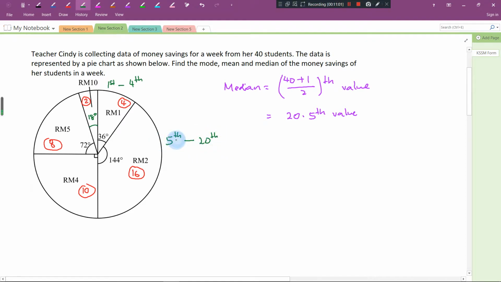If you want to save time, you don't have to write the th at the top right corner. You just write 1 until 4, 5 until 20, because this is just for your own reference. So I think maybe if I write this way, it's a little bit hard for you to see, right? So maybe how about we just simply do it this way.